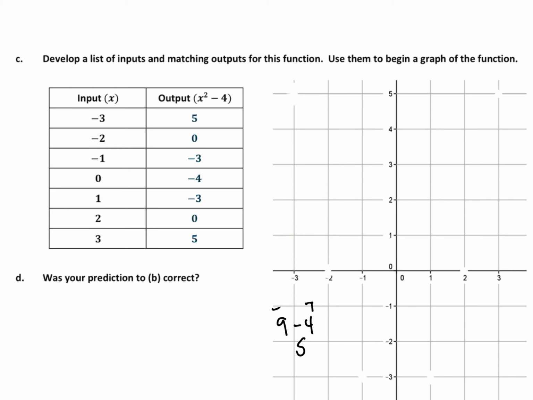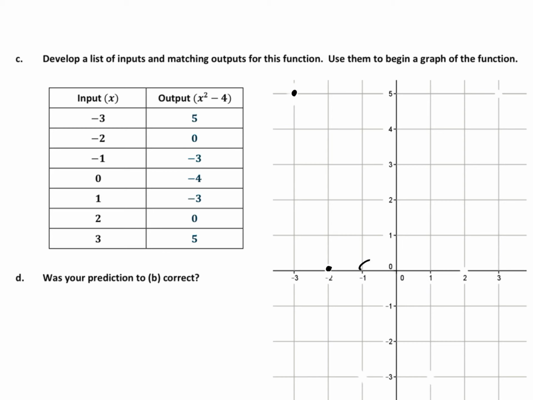And now we're going to graph them. So if I go to -3, 1, 2, 3 in the negative direction, I need to go up 5. 1, 2, 3, 4, 5. I'm going to put my point there. Then I have -2, 0. -1, -3.